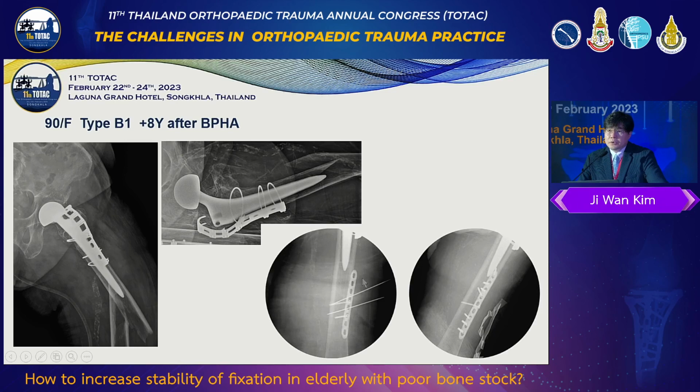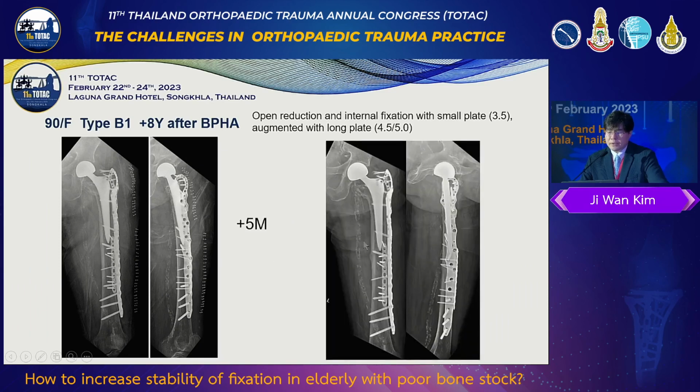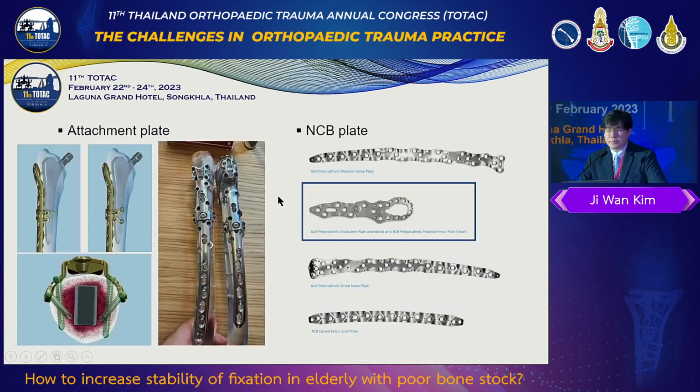I first opened and did the anatomical reduction, and the lag screws were fixed, and then I applied the neutralization plate with a small plate, and then main stabilization with a long, large plate like this one. Five months later, she acquired bone union. It is a very useful technique.